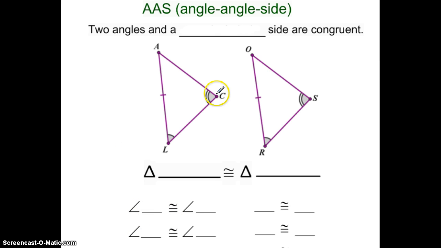So this one we had to be a little careful because our last postulate said two angles and the included side, which was angle, side, angle. Now we have angle, angle, side. So now we're talking about this non-included side here. Okay, so this should say non-included.